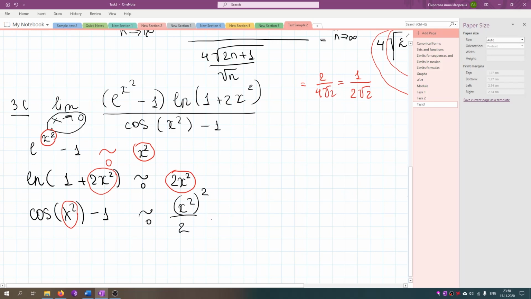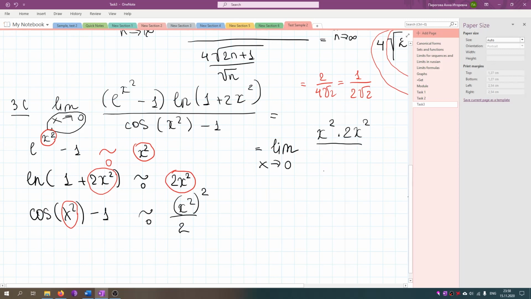So let's just replace all these functions by equivalent ones. The first part is replaced by x in the second power. The second part is replaced by 2x squared.